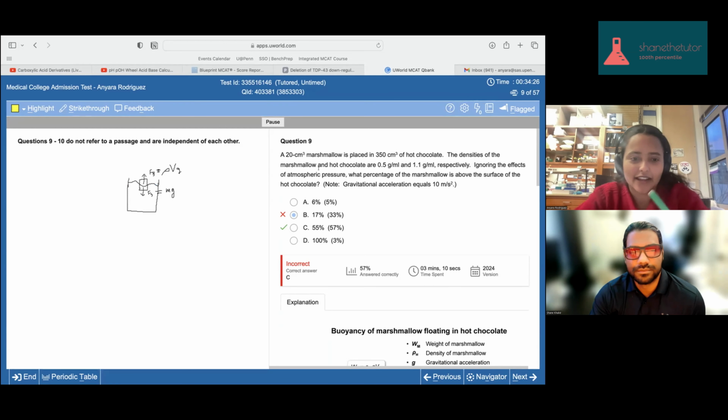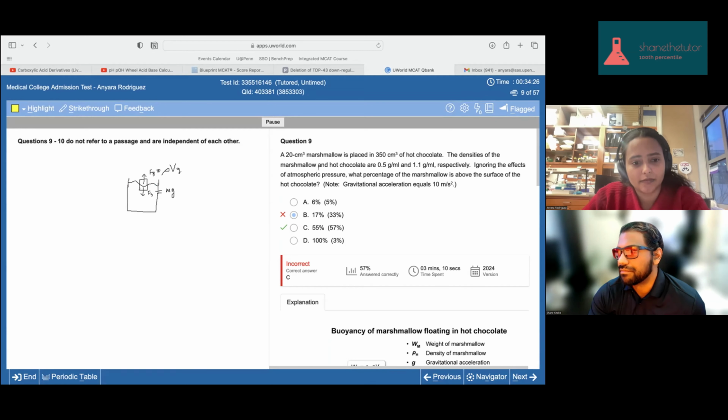I always get confused on which density and which volume. Could we go over that again? Sure. The buoyant force is the force that is caused by the fluid.